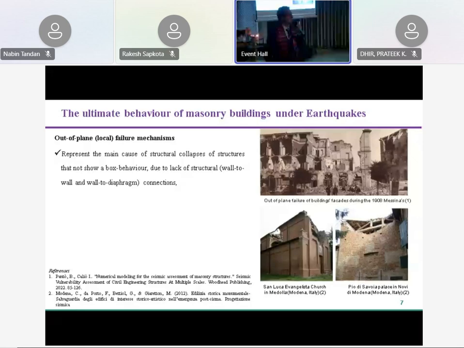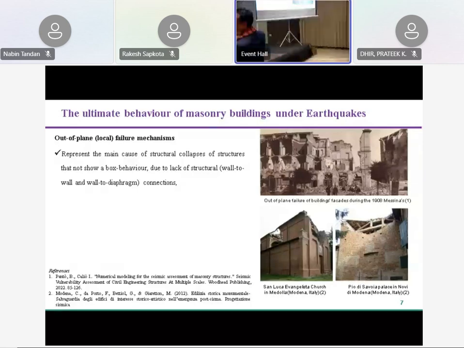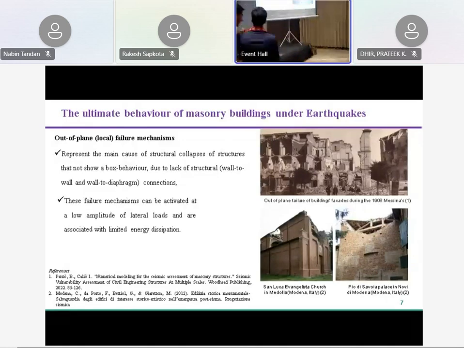So these are out-of-plane failures. Please, can you go ahead to see the rest of the slide? Oh, okay, sorry. These failures are the most dangerous ones, and so in retrofitting techniques, we need to avoid, first of all, the out-of-plane failure mechanisms.